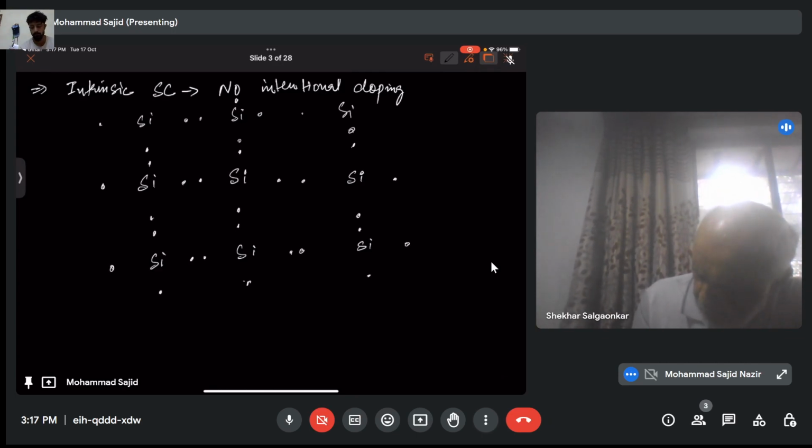Similarly, another famous one, known to almost everyone, is germanium, which has a lesser band gap than silicon.